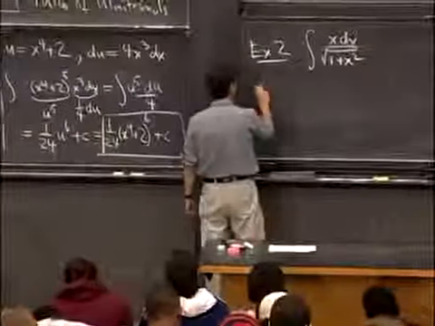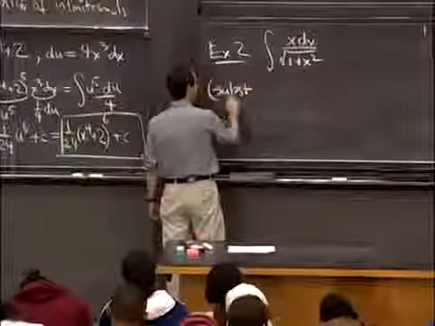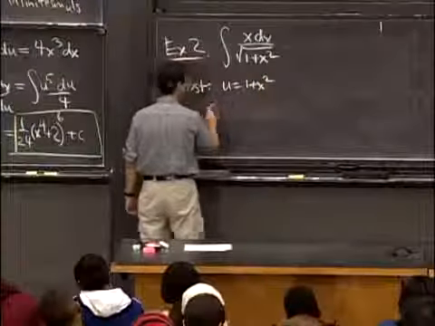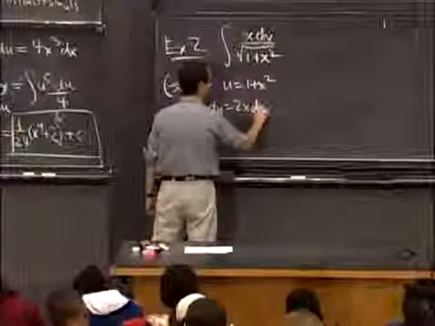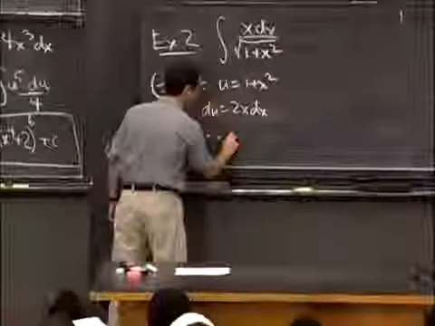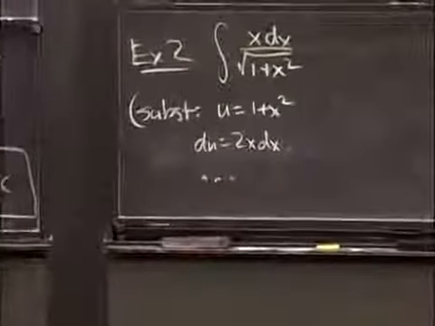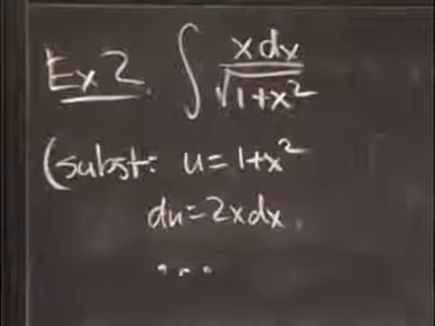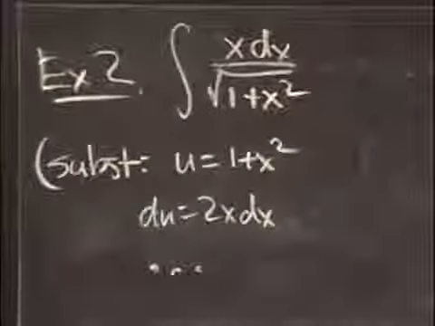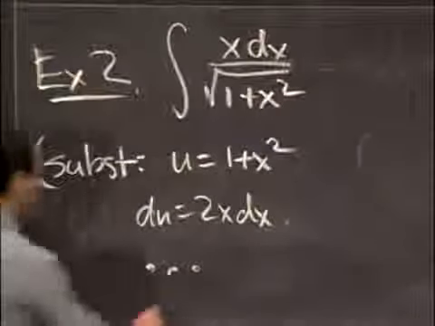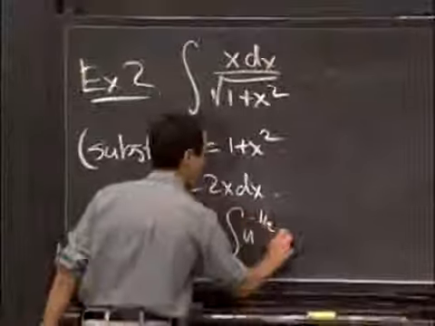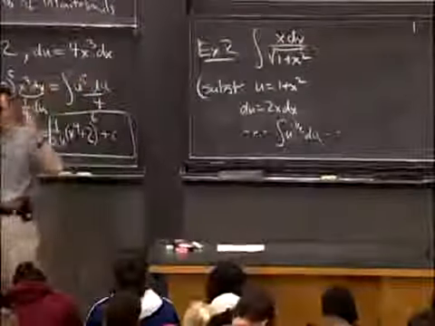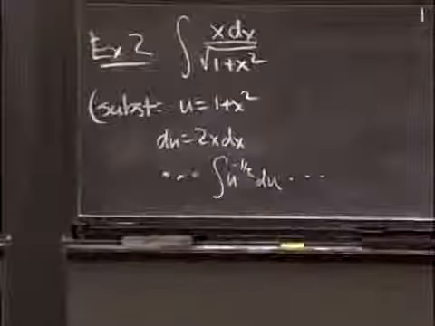Now, the method of substitution leads us to the idea u is equal to 1 plus x squared, du is equal to 2x dx, etc. It takes about as long as this other problem did to figure out what's going on. It's a very similar sort of thing. You end up integrating u to the minus a half, right? It leads to the integral of u to the minus a half du. Right? So everybody seeing where this.